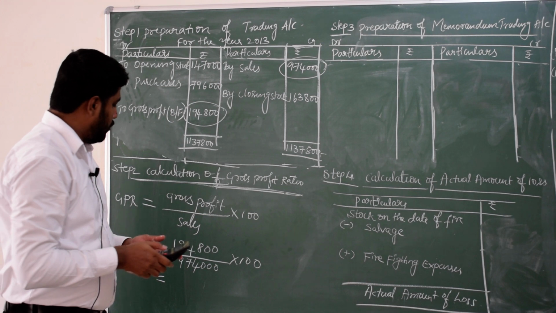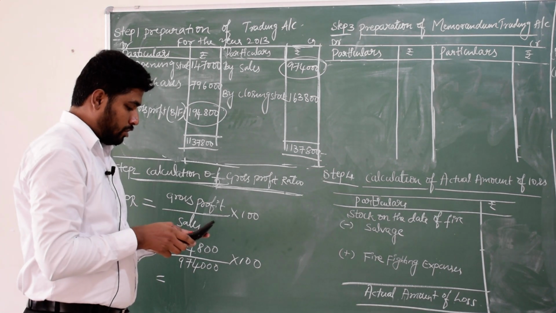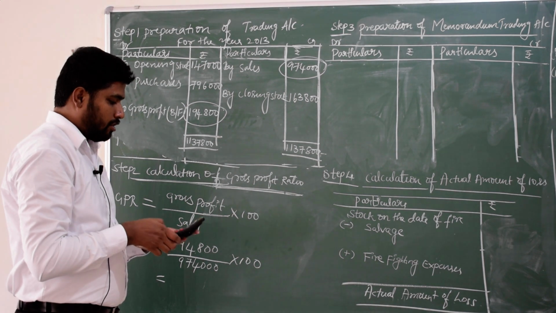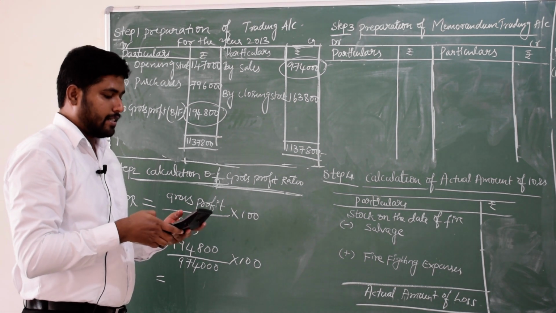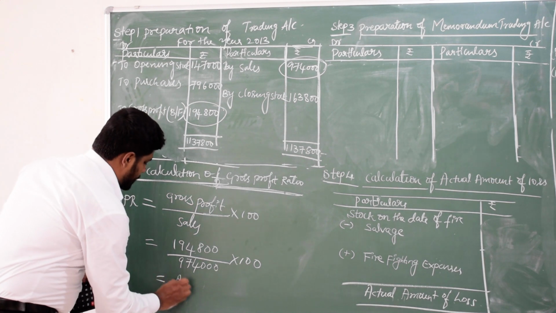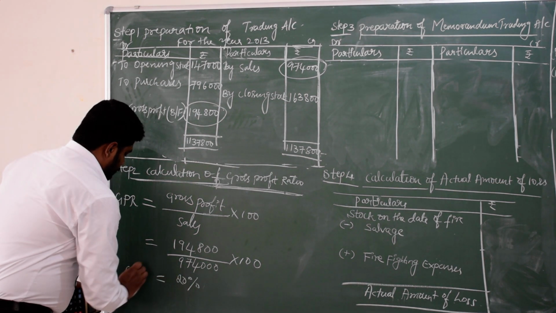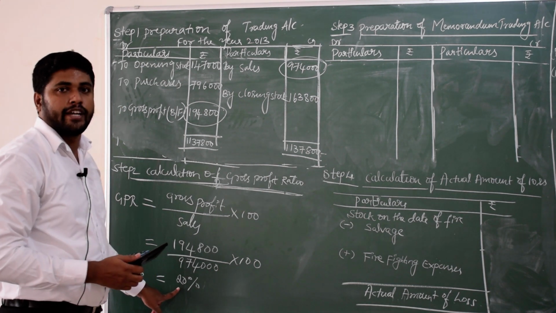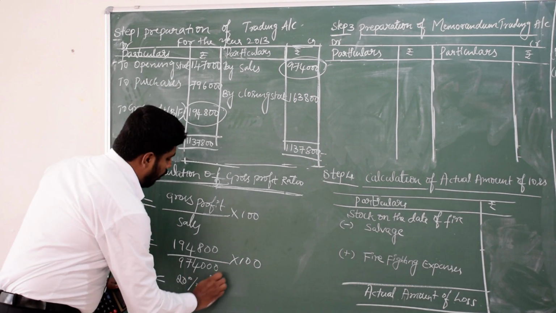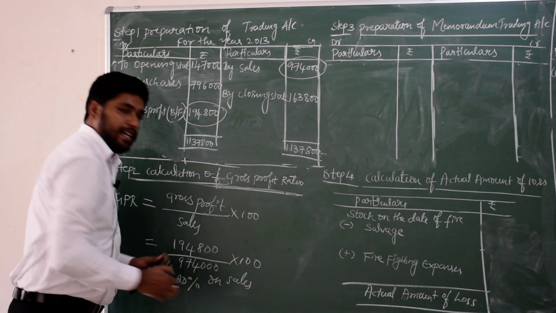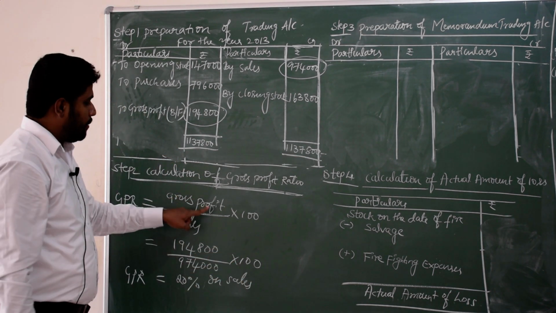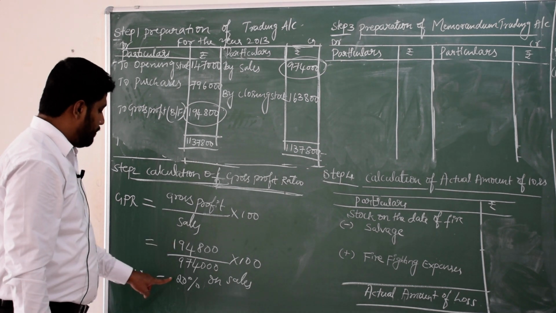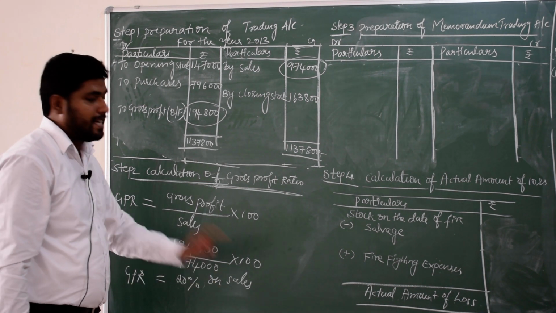Now the ratio will be 1,94,800 divided by 9,74,000 multiplied by 100. You will get 20%. Gross profit ratio is 20%. It means the profit ratio is 20% on sales, because here we have taken the profit based on sales. That's why the GP percentage is 20% on sales.